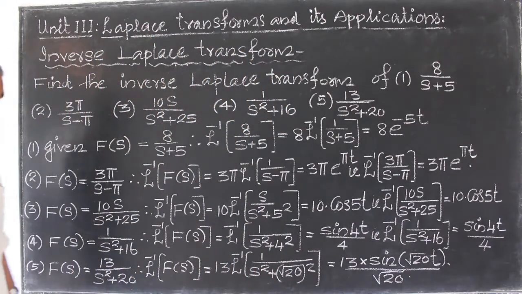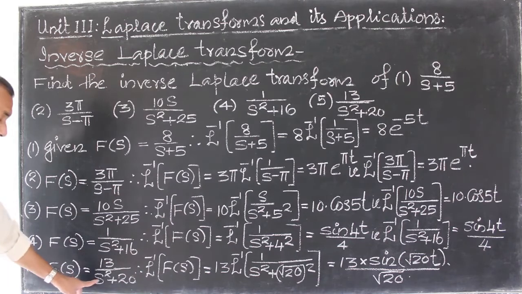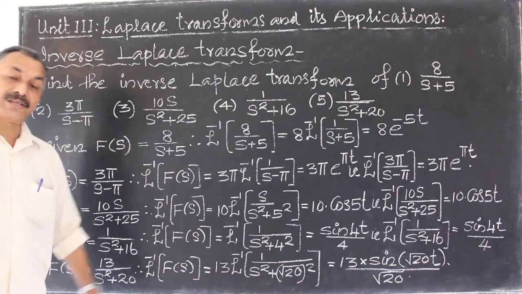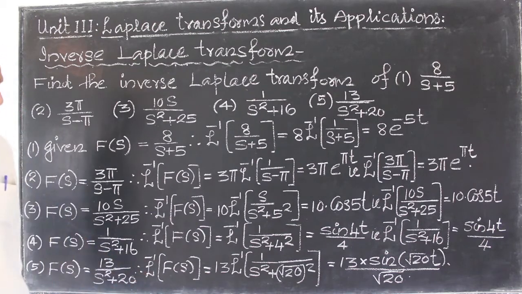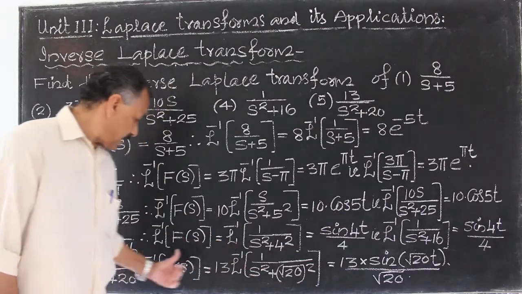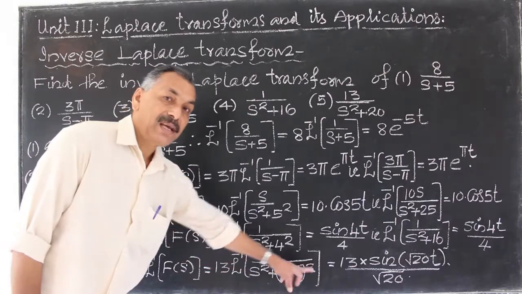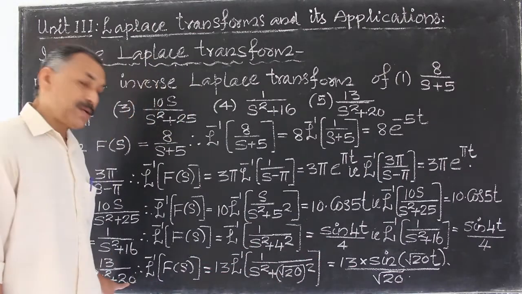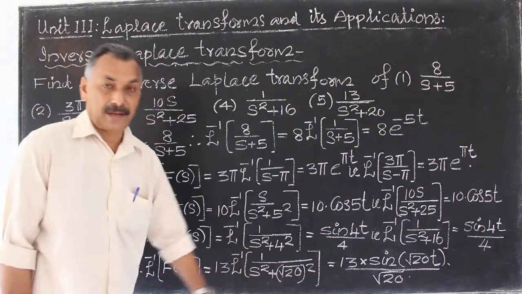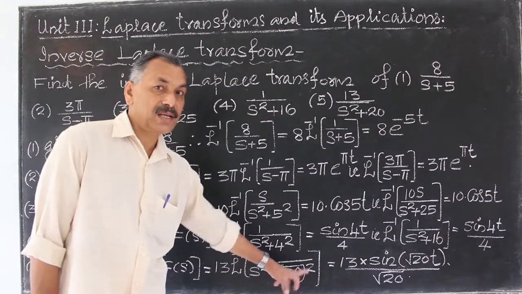Then the last question. F of s is equal to 13 divided by s square plus 20. Therefore L inverse of f of s is equal to 13 into L inverse of 1 divided by s square plus a square, with the constant 13 outside. By the formula, this 20 we can write as root 20 square, because 1 divided by s square plus a square has a square.